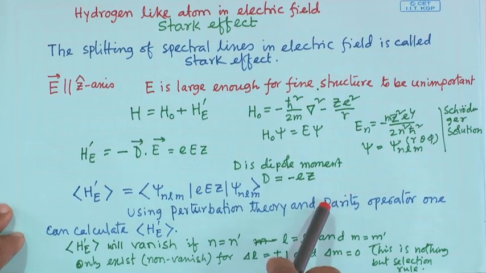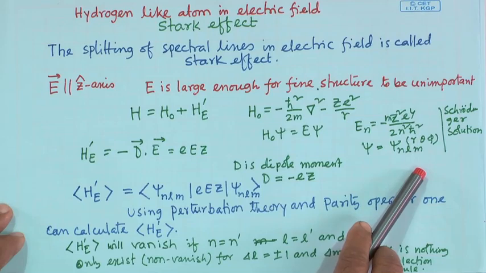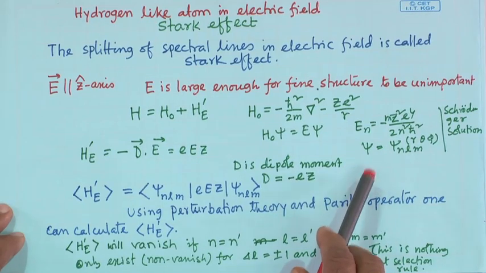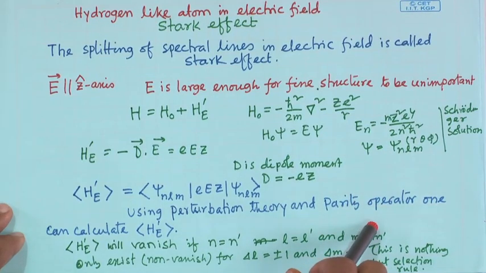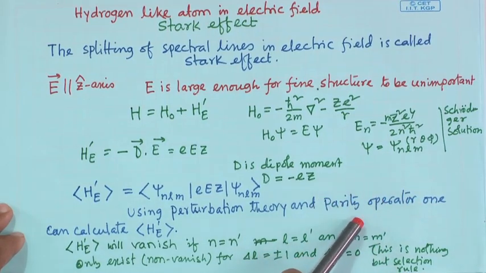In terms of the parity operator, it has the same simultaneous wave function psi n l m, because H, H0 and the operator P commute. For a hydrogen-like atom one can prove it. That is why the parity operator is also very important for calculating this.